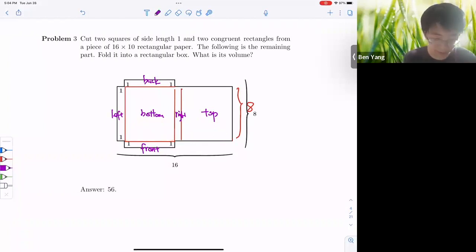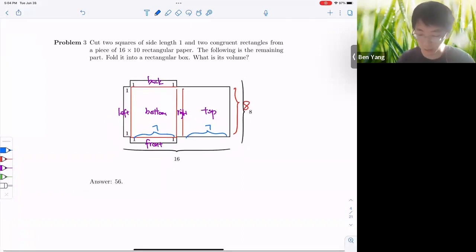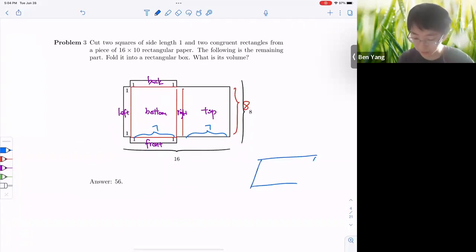So each of them should be 7. 7 here and 7 here. Okay, now we know that after we just fold everything, then we have a nice rectangular box, and it's 1 by 7 by 8. Cool. Then the volume is 56.